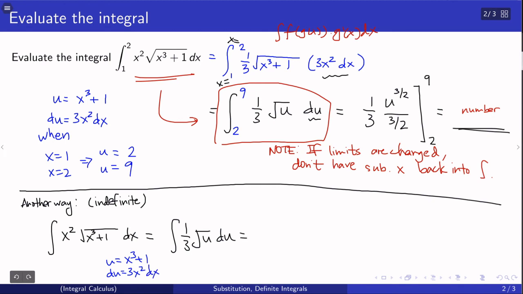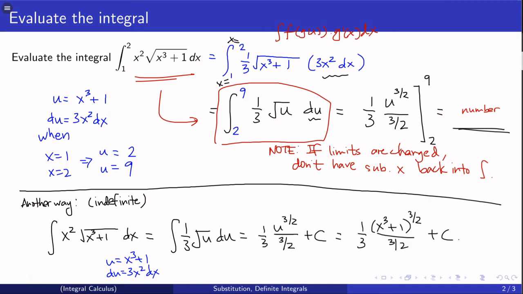But now, if we ignore the bounds for now, when we integrate, we get 1/3 u to the 3/2 divided by 3/2. So now we have plus c over here, because this is an indefinite integral. Now I can plug in my x function again, so x cubed plus 1 in place of u.